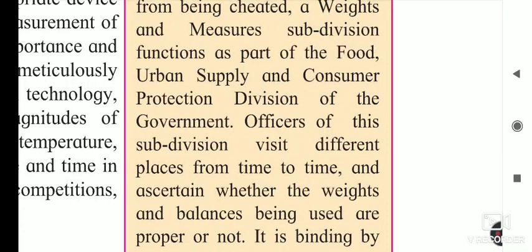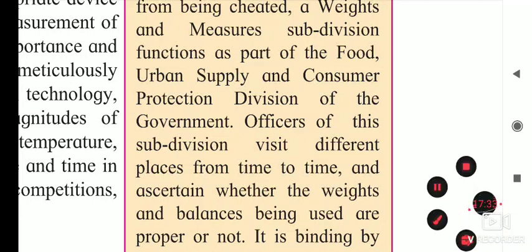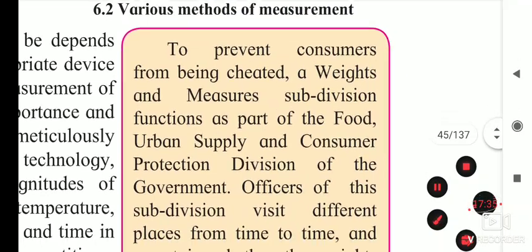This department is there. You see words like dhad and padli; shopkeepers check their weights and their balance. If he is cheating, then that shopkeeper has to pay a fine. Consumer centers, the grahak, are there.